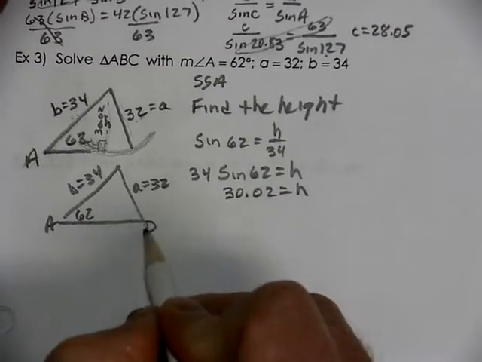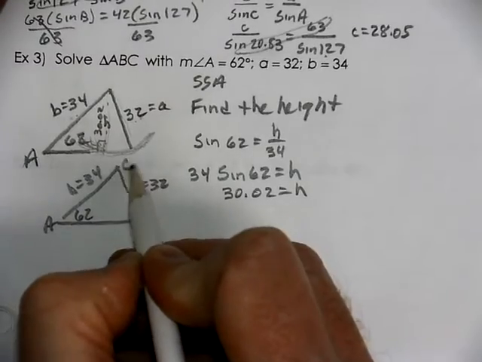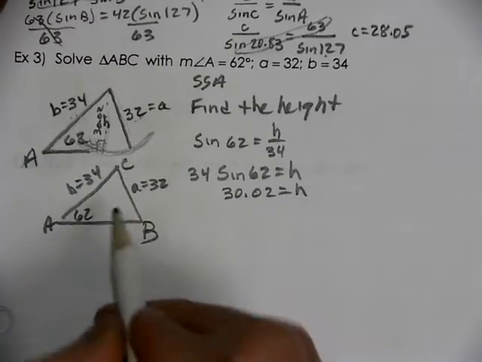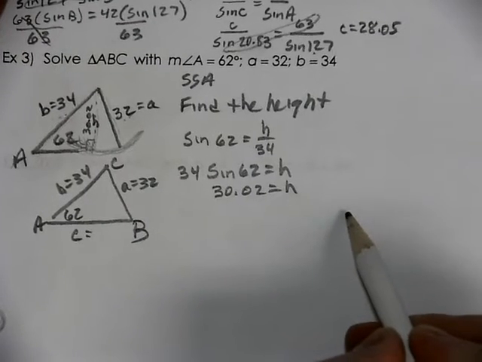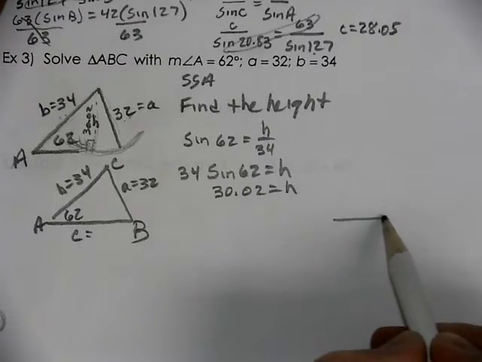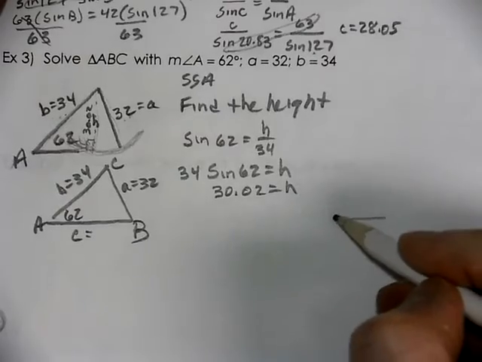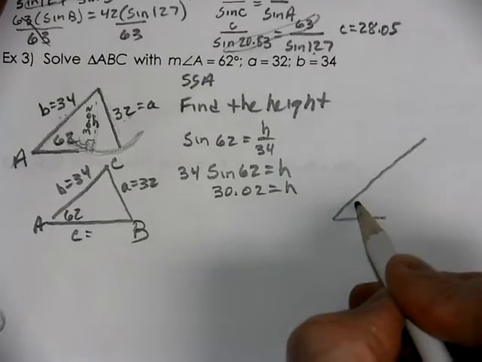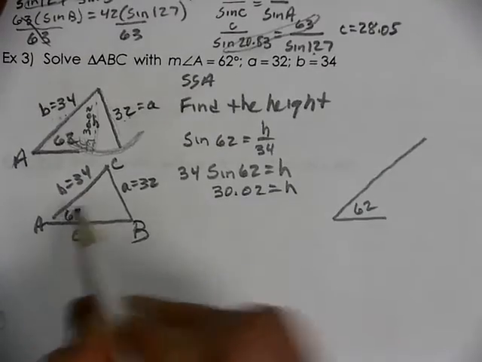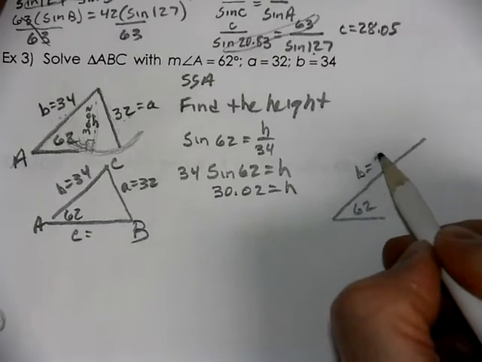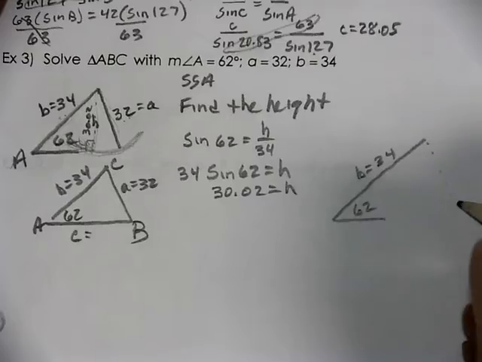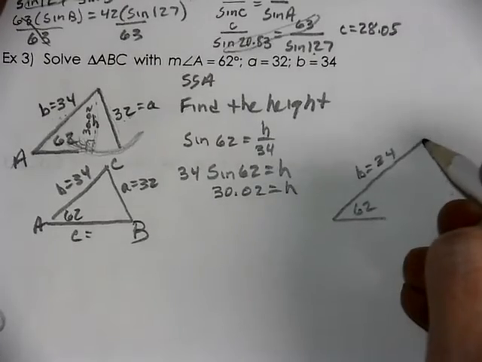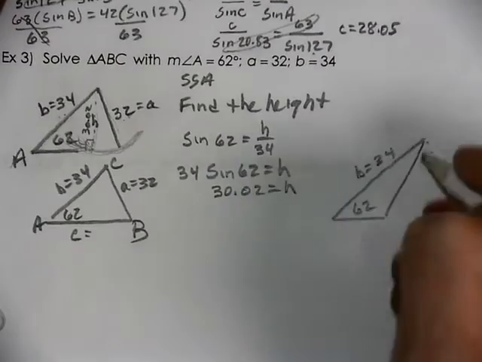We have to find angle B, angle C, and side C. We're also going to have another triangle with a shorter edge here. It's still going to have a 62-degree angle. It's still going to have a B that's 34. But instead of swinging out to be 32, it's going to swing in to be 32.